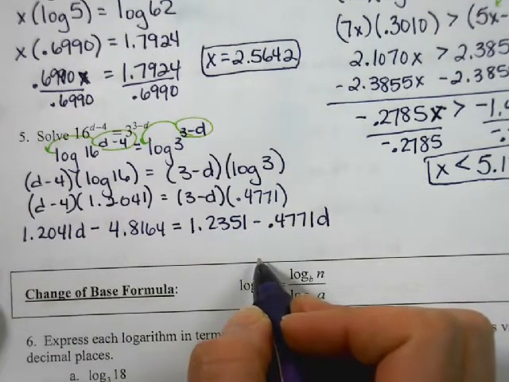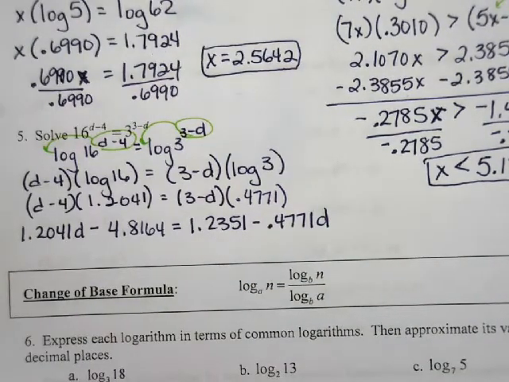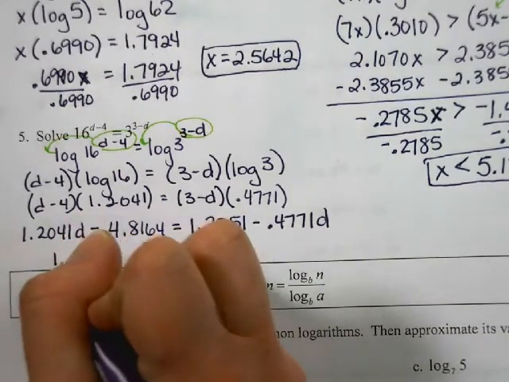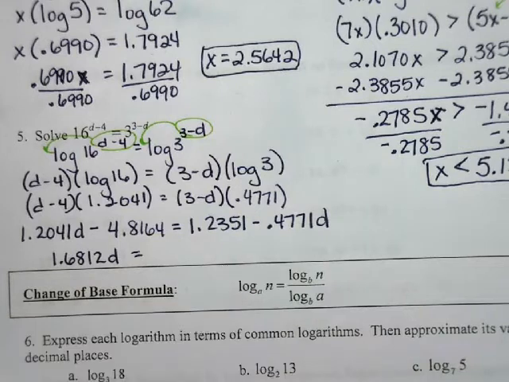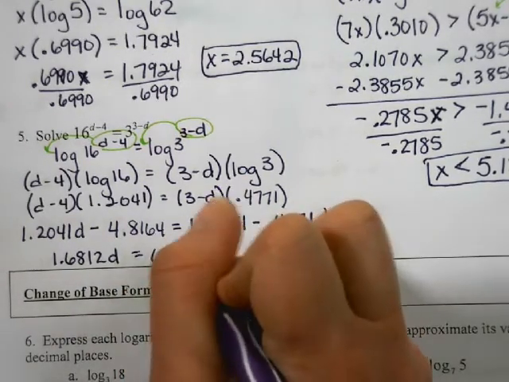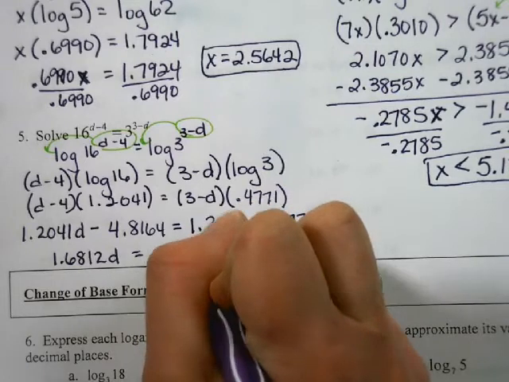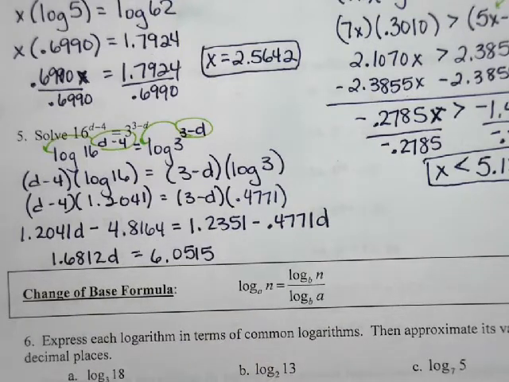Don't forget to distribute. Okay, now I'm going to combine my x's. The tricky part with these is making sure you type it in your calculator correctly. Which I don't think I typed that one in right. I got 3.5995.